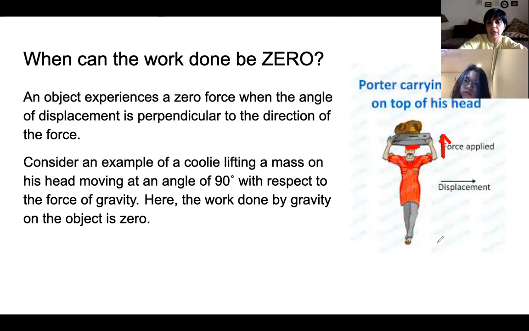As he is walking, is this box he's kept on the head also moving? No. The displacement has not happened. He might be applying upward force to keep the box on his head, but the box is not moving. So therefore, there is no displacement here at all.